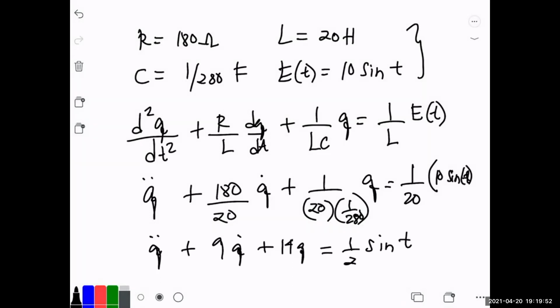If you notice, we can get the roots of the characteristic equation from the left-hand side of our equation. So let's go straight directly by using lambda and then let's factor it out. This means lambda squared plus 9 lambda plus 14 equals 0.